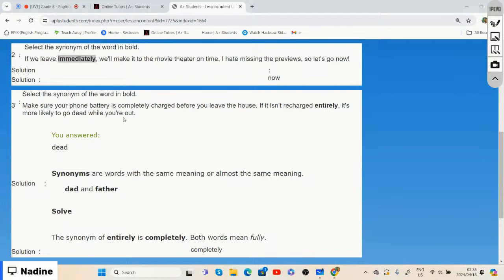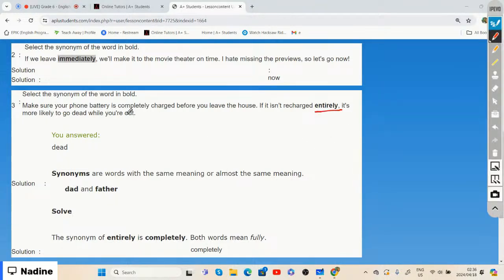All right, and the word that's the same as entirely within the first sentence is completely. It's like you need to charge your phone entirely, you need to charge it completely, right?